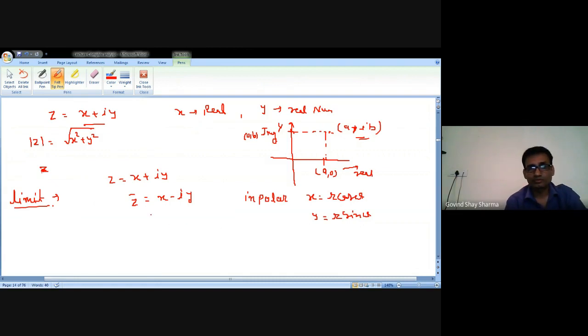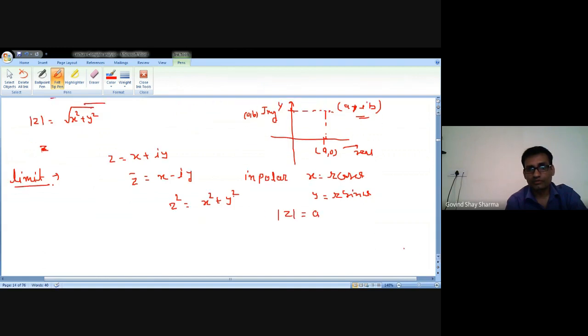So if we write modulus of z square is equal to x square plus y square, if we write modulus of z is equal to a, this is the equation of a circle. How? We can write z as x plus iota y, and the modulus will become the square root of x square plus y square.